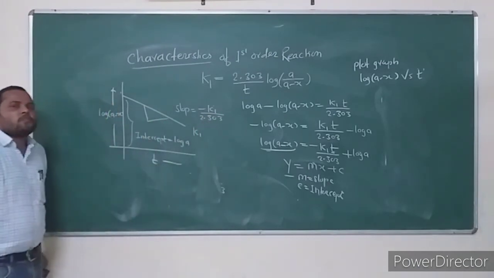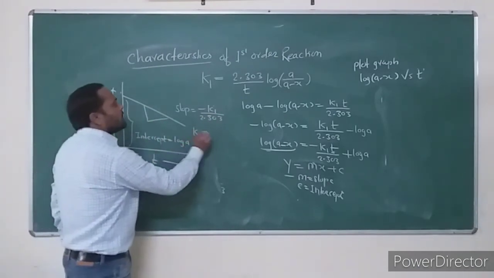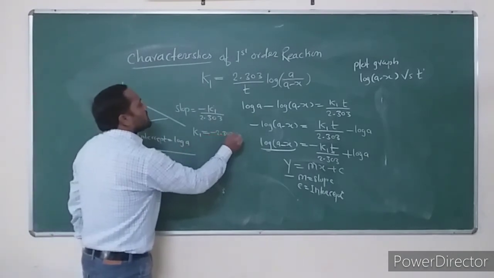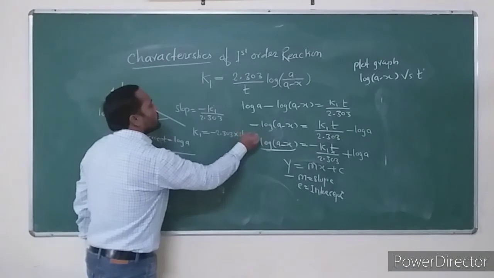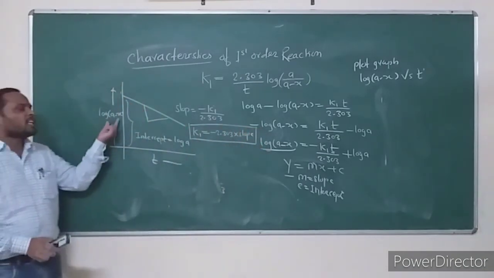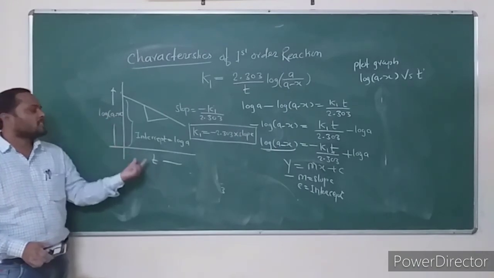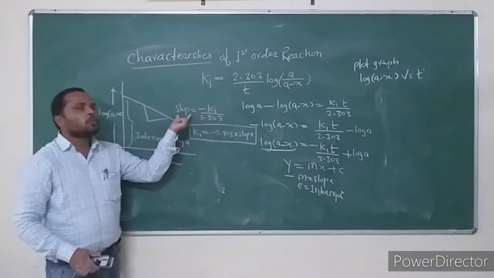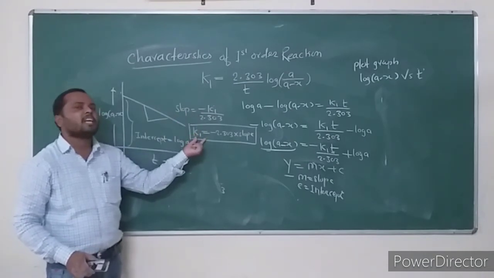By knowing this slope, we can determine the rate constant: k1 is equal to minus 2.303 into slope.